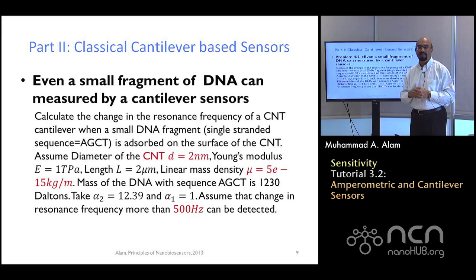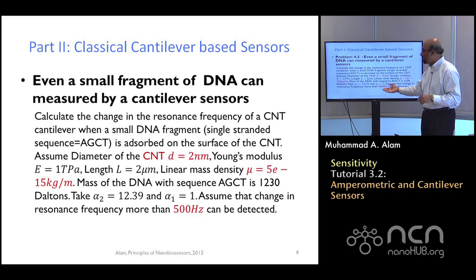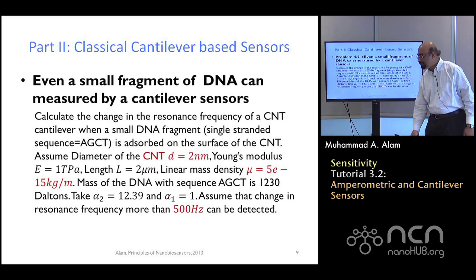We'll discuss it later in the selectivity lectures, that you can actually average over signal and noise for a certain duration, take many samples, and in that case, one can, in principle, improve the signal to noise ratio so that even a smaller shift becomes visible.